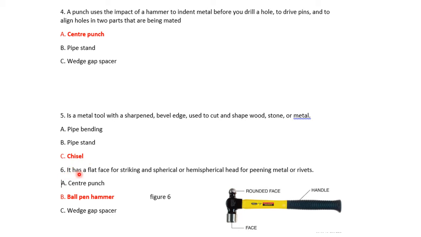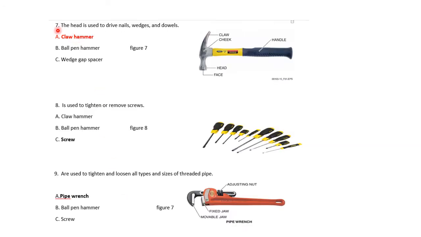Next question: it has a flat face for striking and a spherical, hemispherical head for peening metal or rivets. The answer will be ball pein hammer. Next question: the head is used to drive nails, wedges and dowels.